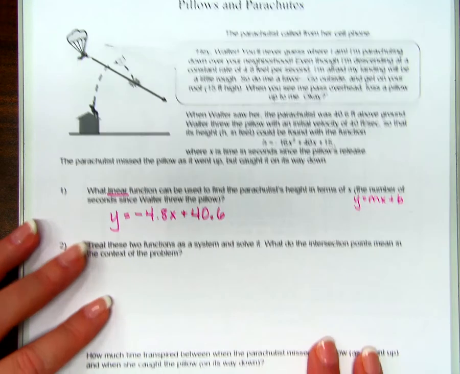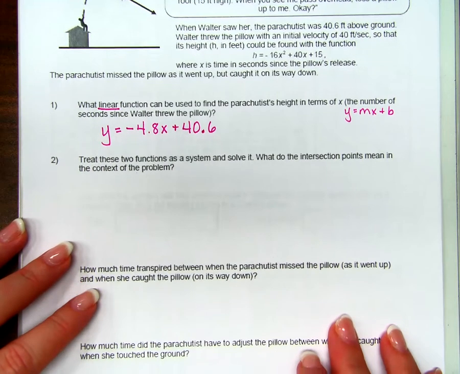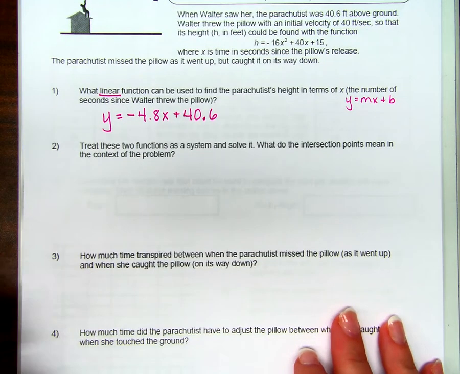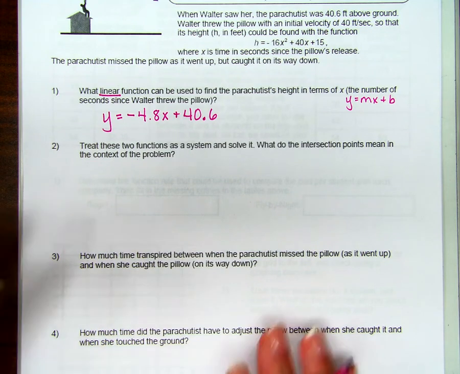Yes, okay, good. Number 2, treat these two functions as a system and solve it. What do the intersection points mean in the context of the problem? How many things is it asking me to do here? Two completely separate things, right? First of all, I have to treat them as a system and solve it. So let's do that first. Which two equations are we talking about?